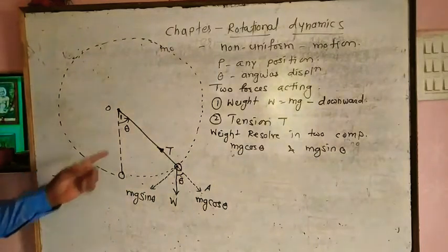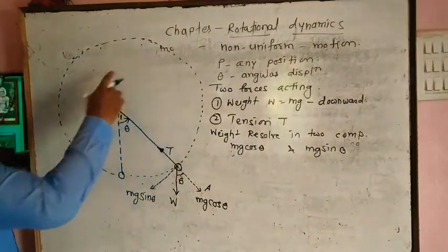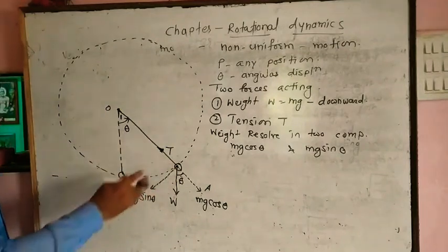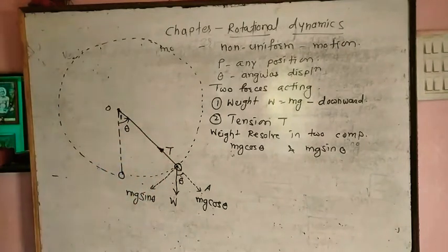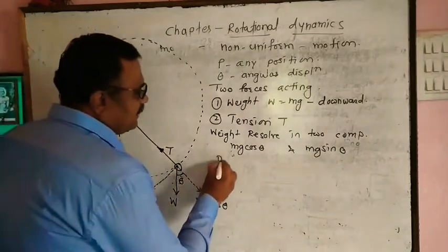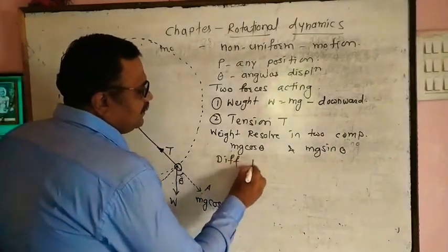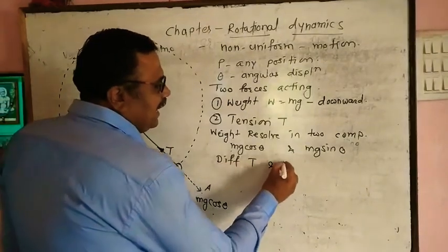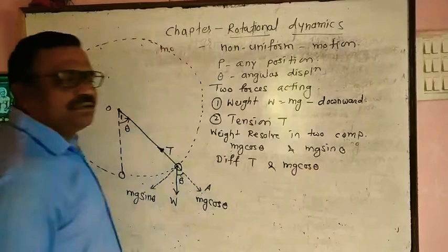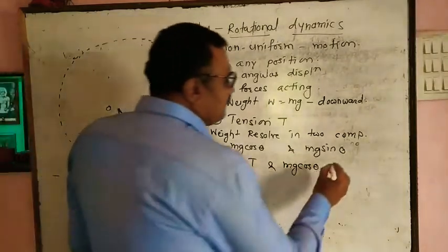When an object is moving along a circular path, centripetal force is very essential for the circular motion, and here the difference between the tension of the string and mg cos theta provides the centripetal force.